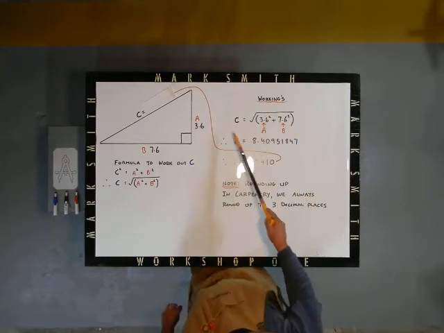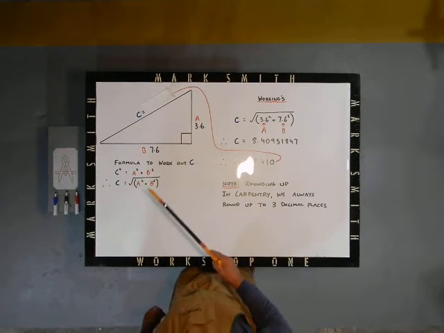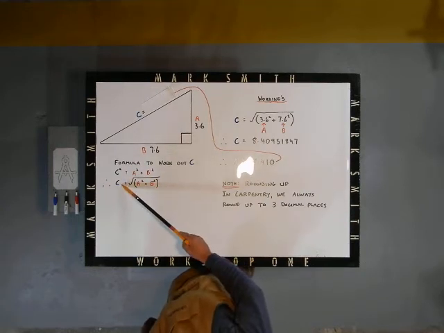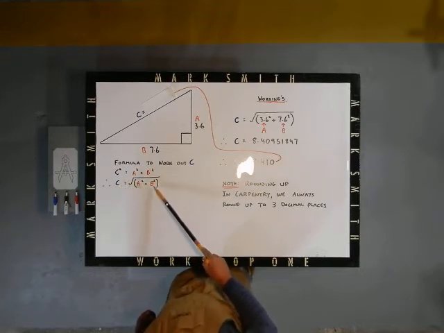The first thing we want to do is look back to our formula and ask, what do we do to find C? We know C equals the square root of a squared plus b squared.